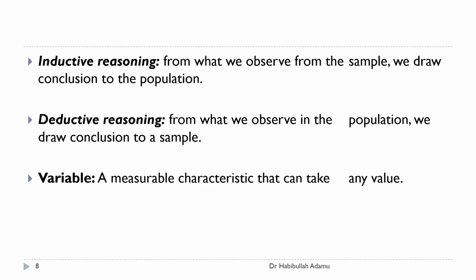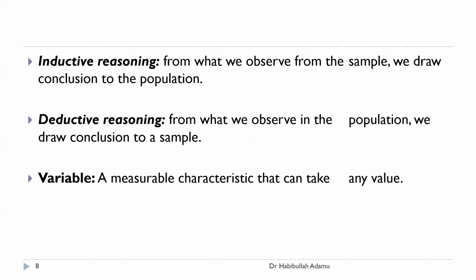There is also inductive reasoning. Inductive reasoning is a form of inference also. That means drawing a conclusion, whereby you make observations on a small sample and then you draw your conclusion to the population.